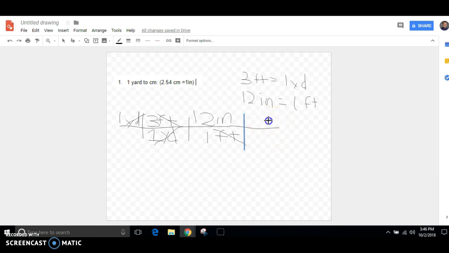So I know that centimeters needs to be up top, and if I put inches down below here, that inches will cancel off, and I can write in my numbers now: 2.54 for 1 inch.